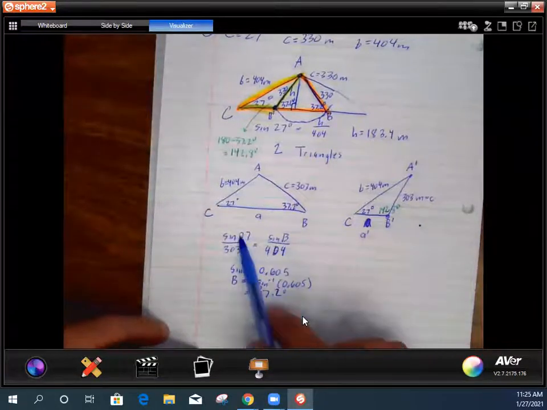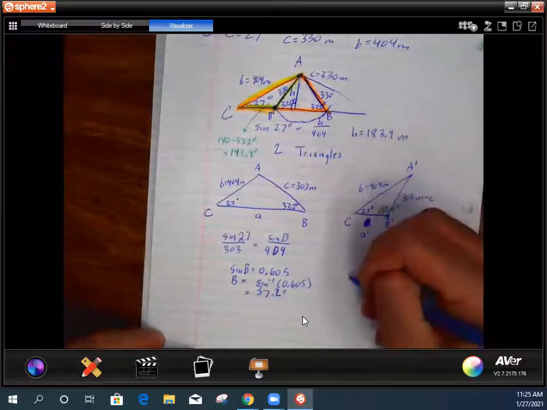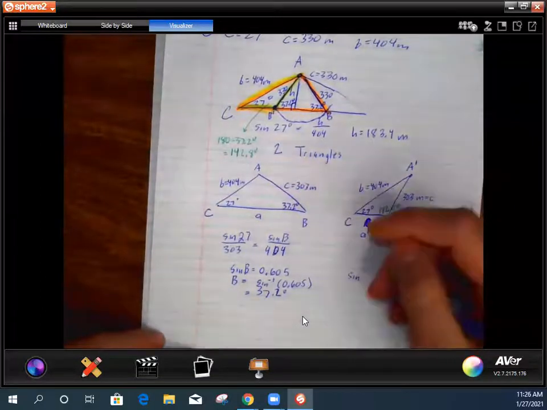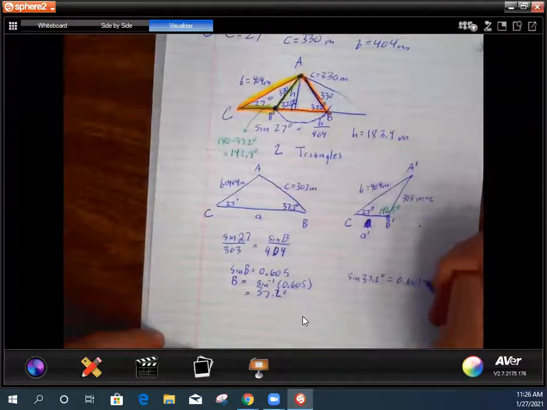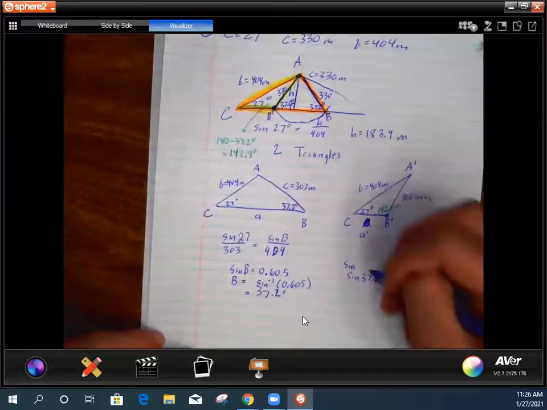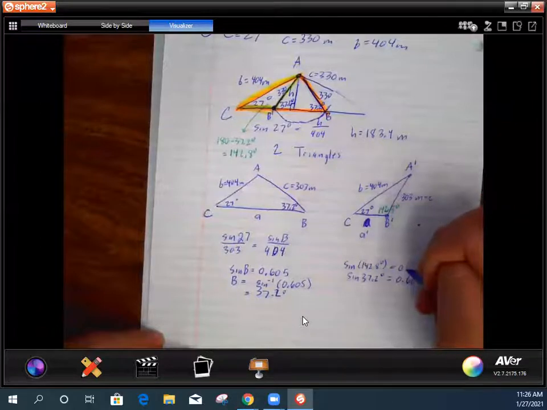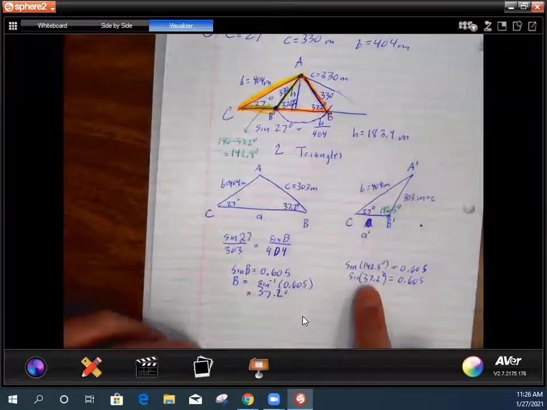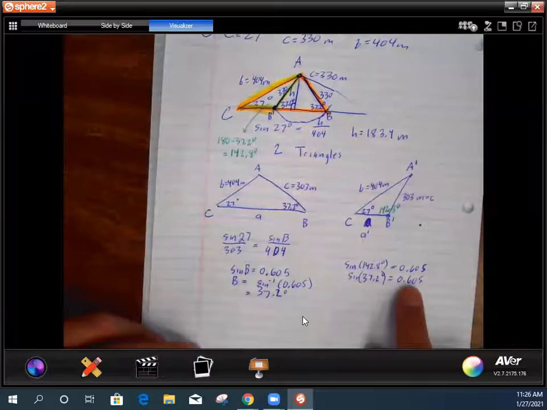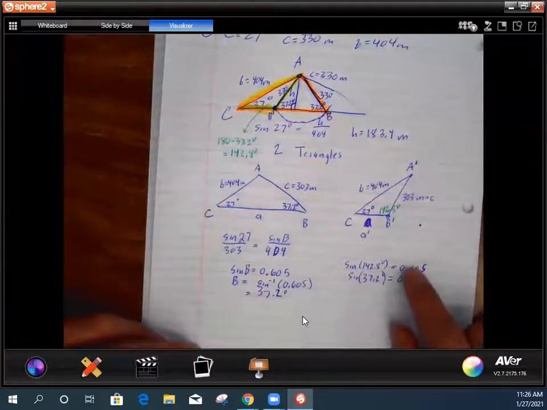Then when you cross multiplied, you would get down to here, and we got 37.2 because the sine of 37.2 is equal to 0.605. But the sine of 142.8 is also equal to 0.605 because both these angles have a reference angle of 37.2. And they're both in positive sine quadrants, so they'll both be positive.